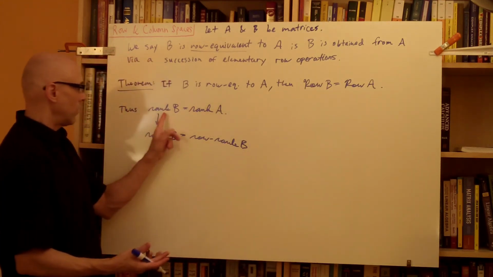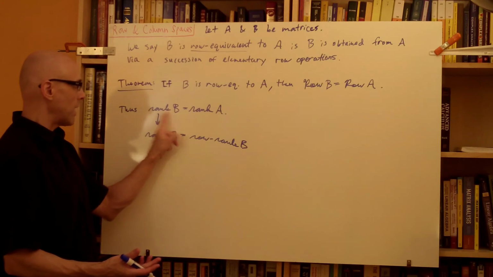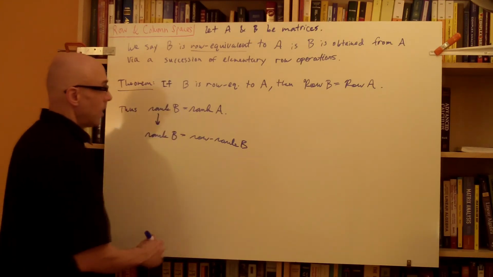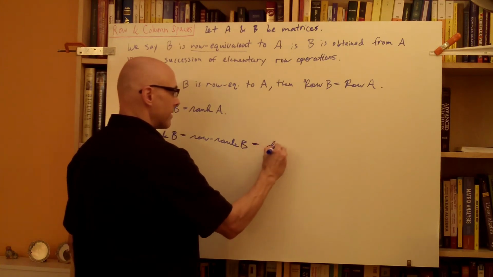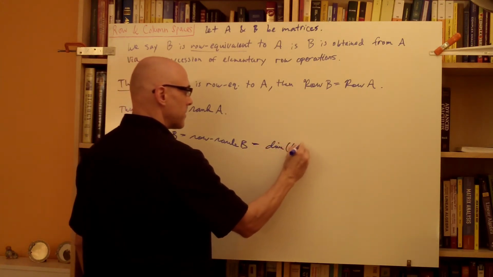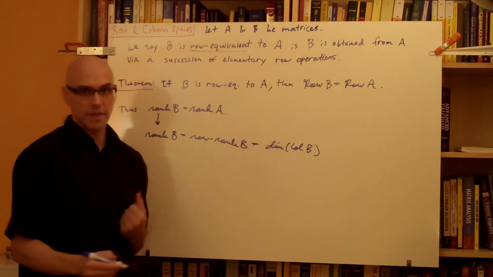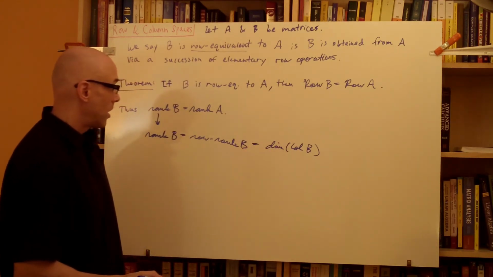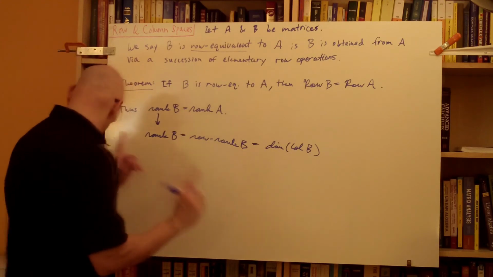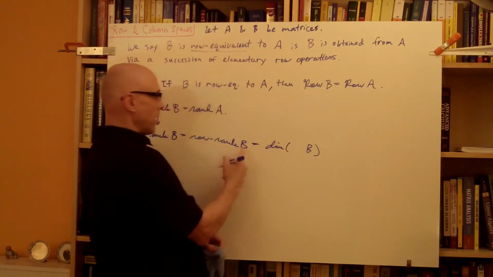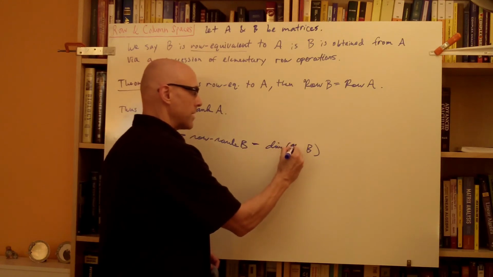So whatever the rank of B is, it's equal to the row rank of B by definition. Oops, I should say the row rank of B is the dimension of the row space of B, of course.